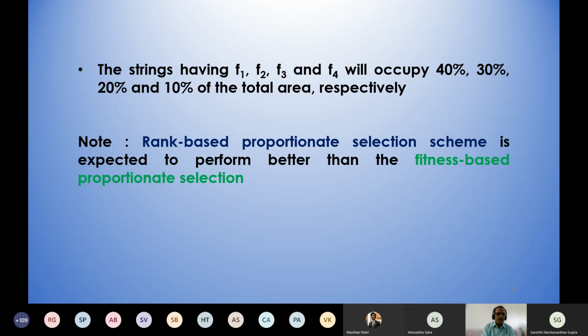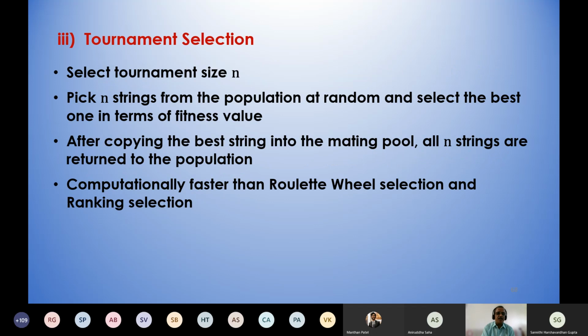Now I'm going to concentrate on the third method, which is very popular. This is a very popular method of reproduction scheme, and that is known as the tournament selection. In fact, nowadays, we generally use tournament selection for reproduction.